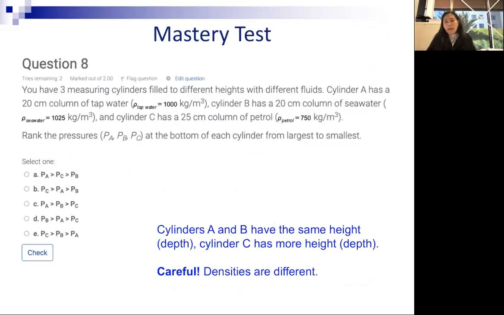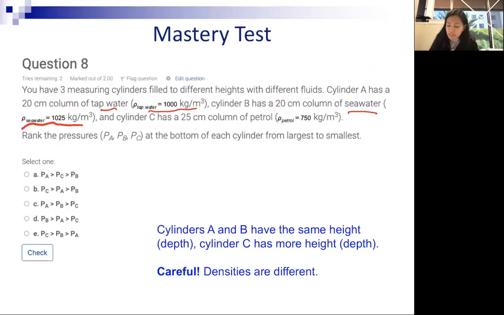So in the mastery test, which I think is already open, but it's not due until the end of the break, in mastery test number 4, there's one question that gives you a scenario of 3 different cylinders, cylinder A, B, and C. Cylinders A and B have the same height of 20 centimeters of liquid, but it's different liquids, tap water and seawater, of course, having different densities.